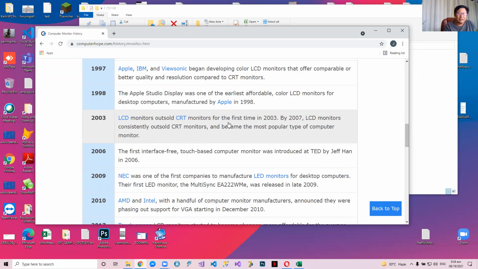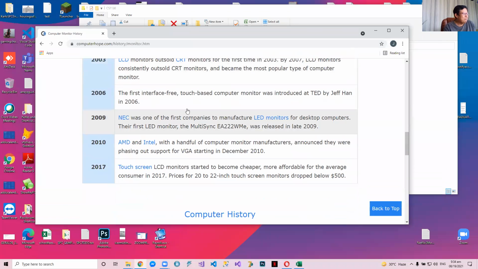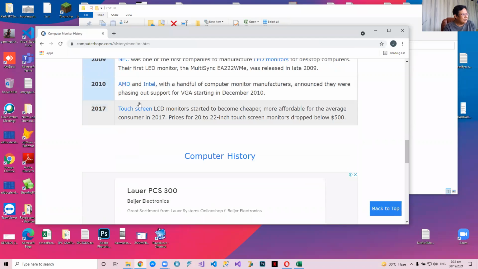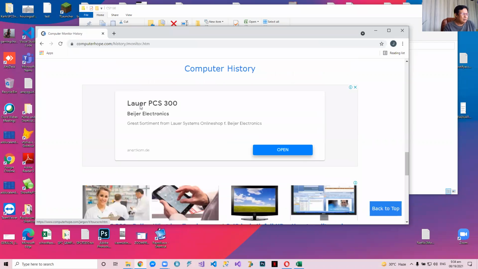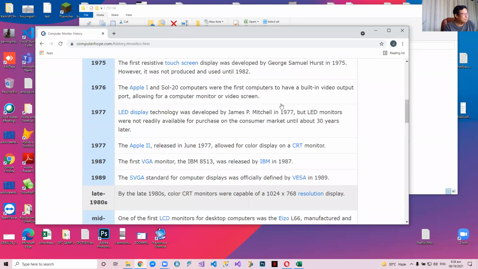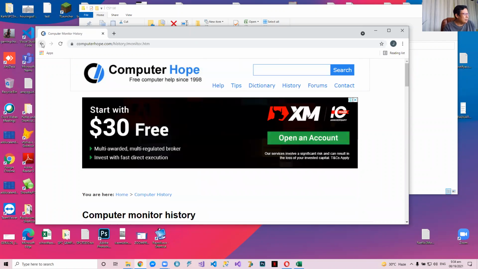Now by 2003, the CRT monitors were gone. Okay. And then by 2009, we had LED monitors. Okay. It was not sure when we did get the full HD 1080. As of 2010, we already have 1080, and until now we have 2K and 4K resolution. Okay. Any questions so far?